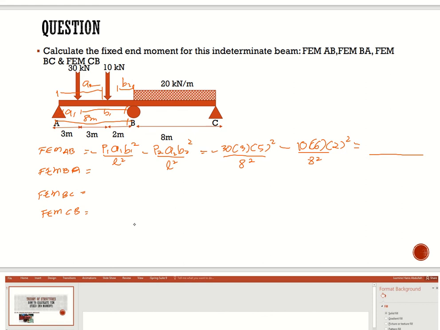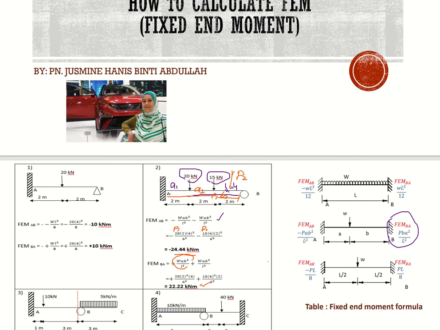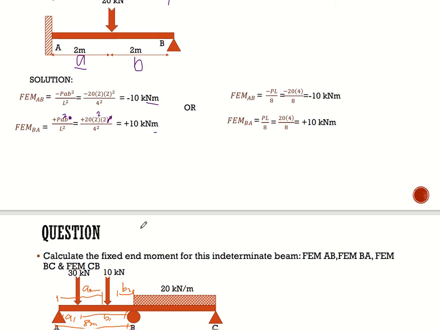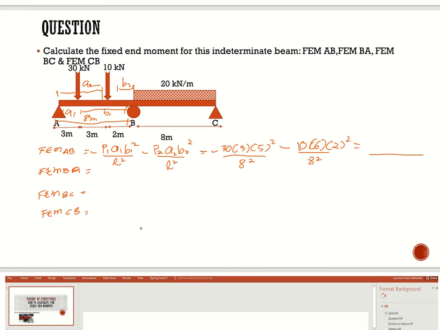While for FEM BA, we just look for the B section. So for BA, we're going to use the correct formula for the right side, which is positive P1 times A square times B1 divided by L square plus the other force on the beam, P2 times A2 square times B2 divided by L square.